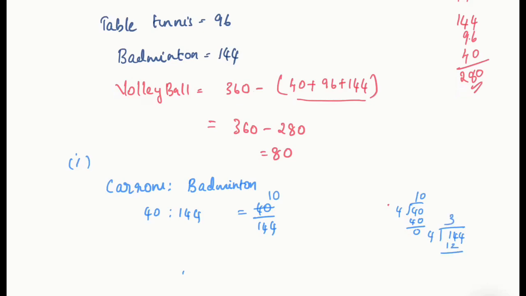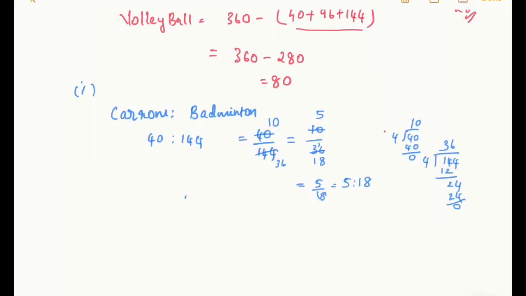Threes are 12, 6 fours are 24. So finally you will get 36. Here you are getting 10 by 36. Again cancelling, 2 goes 5 times, 2 goes 18 times. So finally you get 5 by 18, that is 5:18.